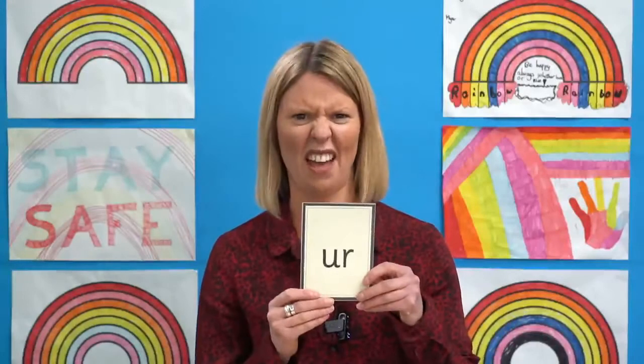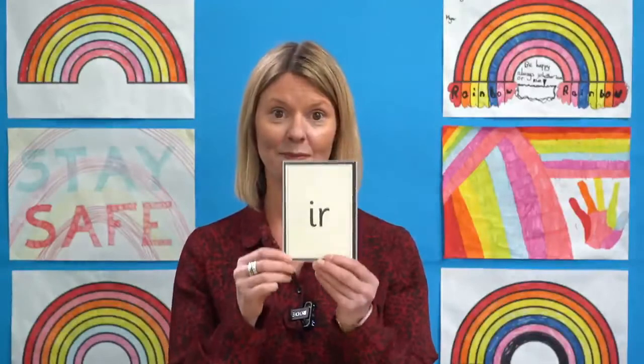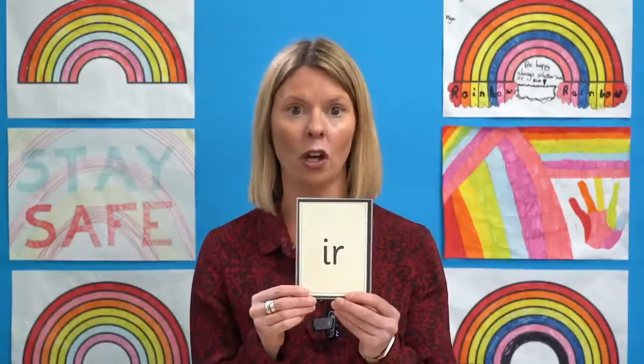We already know the sound is written like this. You know that. And also like this. But there is another way to write the sound and it looks like this. Let's read the new grapheme for the sound.